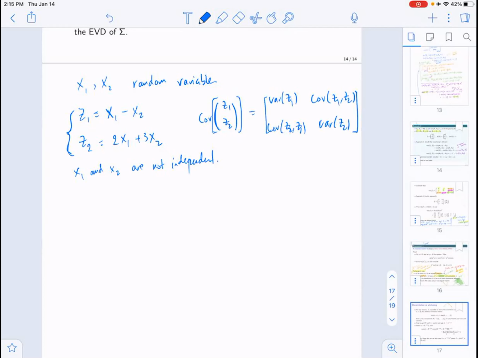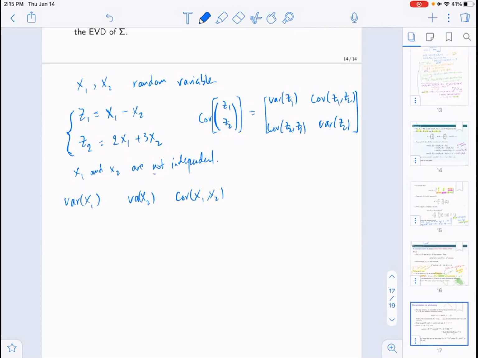So what do we need to be able to compute these? Do we need the variance of x1 and x2 and the covariance of x1, x2? Yes, so we need the variance of x1, the variance of x2, and then the covariance of x1 and x2. In fact, these are the only things that we need.